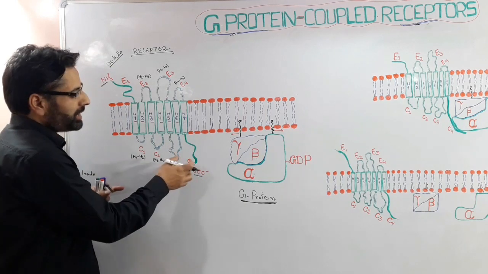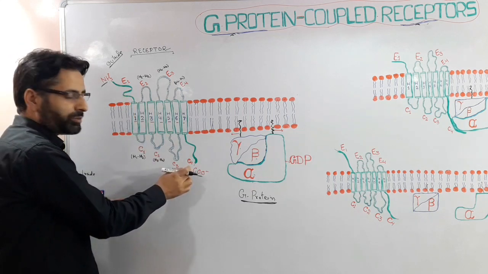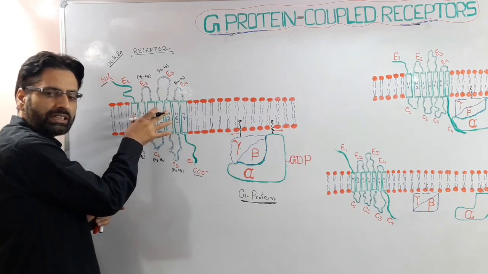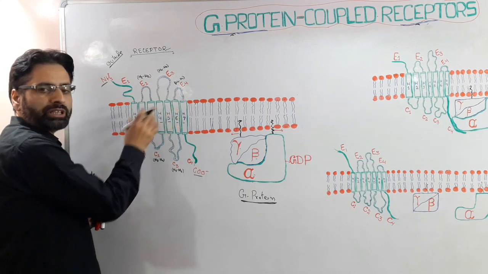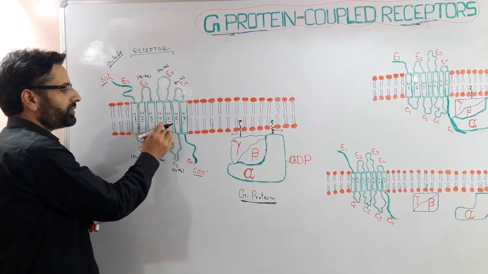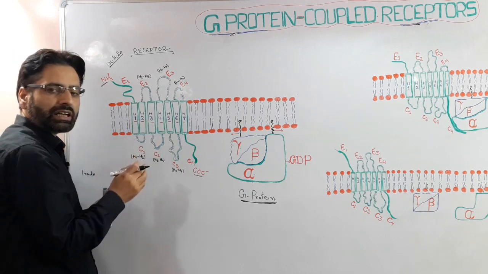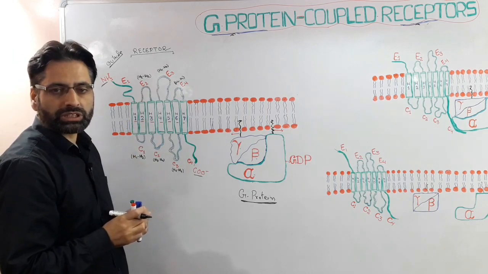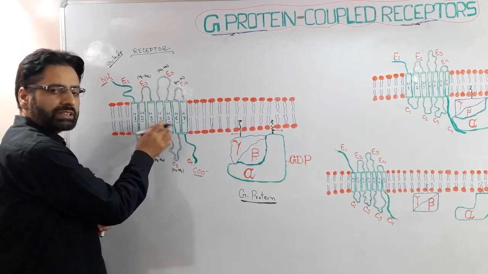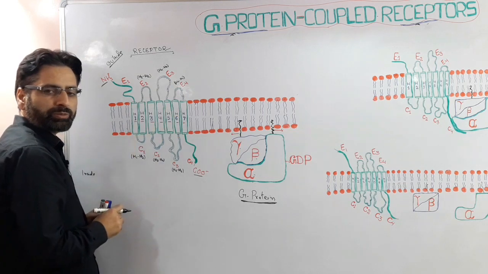So here we have the amino terminal towards the extracellular side, and the carboxyl terminal towards the cytoplasmic side. In between these two terminals, the N terminal and the C terminal, we have 7 alpha helices inserted in the plasma membrane. These 7 helices are 1, 2, 3, 4, 5, 6 and 7. These alpha helices have hydrophobic amino acids, so they are inserted within the plasma membrane.